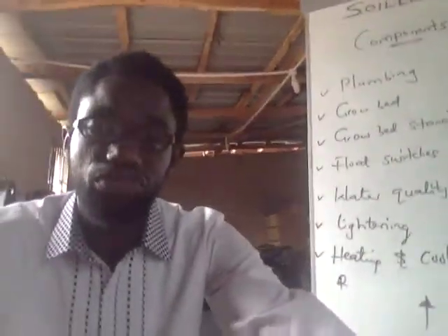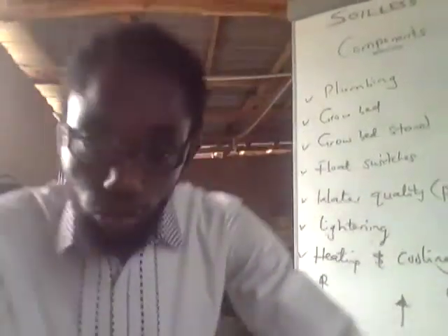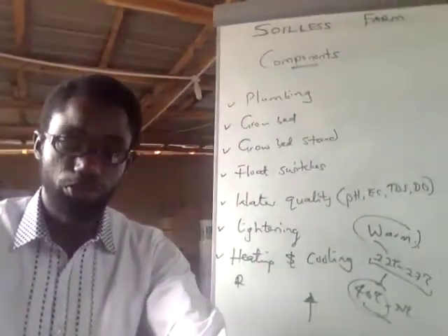Just in case something happens, we have a deep freezer here, which we have put in place just in case there is a temperature surge. Should the temperature go so high, we have a deep freezer where we always keep our nutrients that we can use to reduce the temperature.